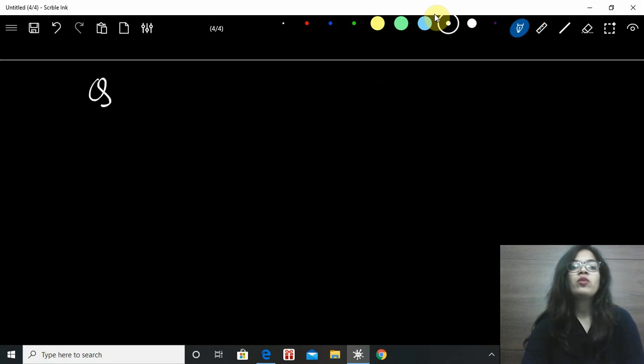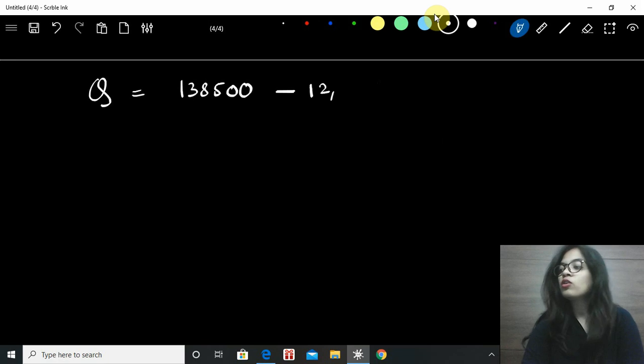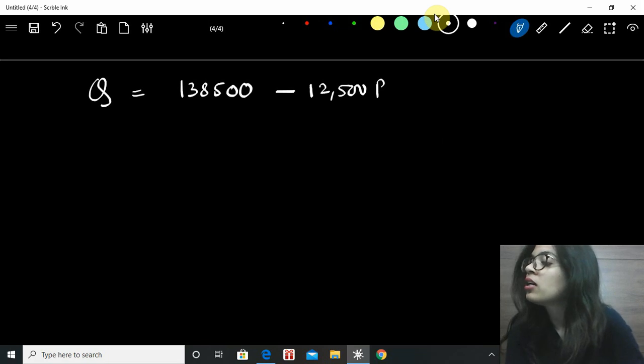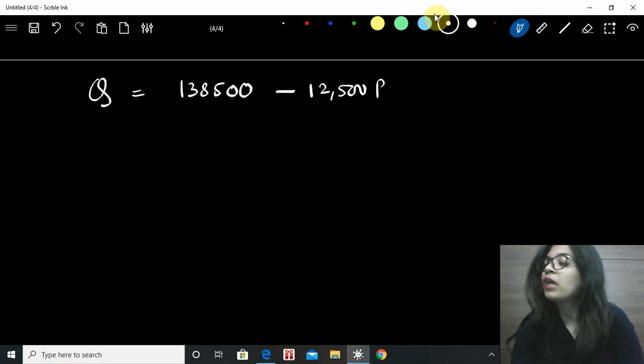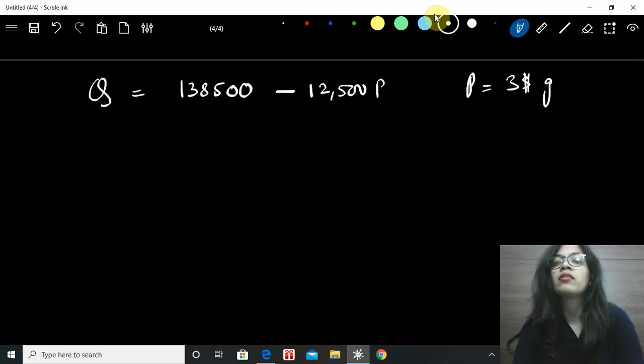So let us take a sum now. If I have an equation, quantity demanded is 1,38,500 minus 12,500 P, right? And if I have to find out, they have asked in the question, I have to find out the price elasticity, okay, and the price is given at the rate of $3 per gallon.